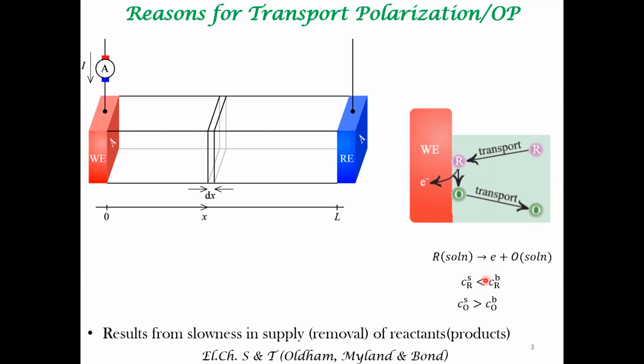This is the reason for concentration overpotential, and such a reason exists because this transport is an activated process. That is, it involves activation energy, and there is a slowness compared to other processes.